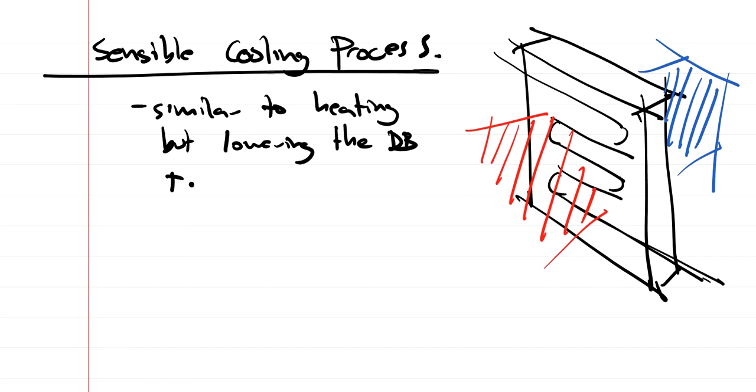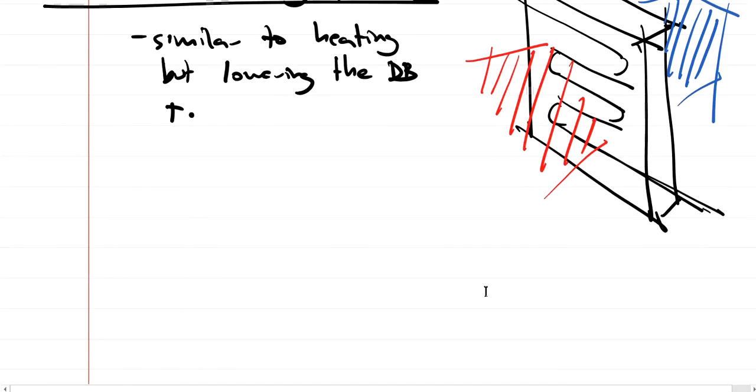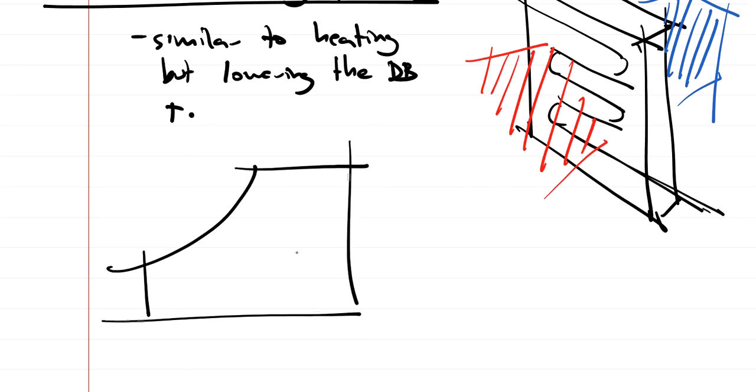Okay, so in terms of the psychrometric chart, here it is, our chart. Instead of going to the right, it will be going to the left. Here's our state 1 and here's our state 2.